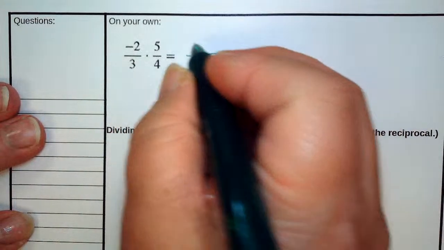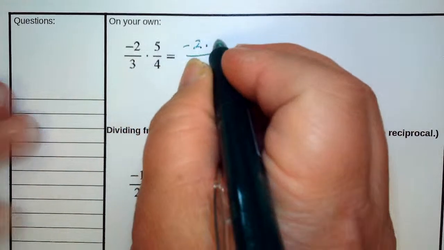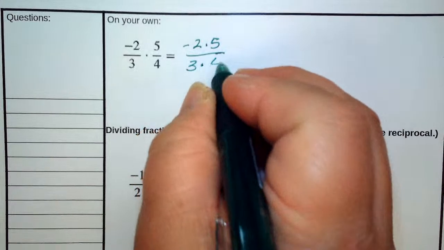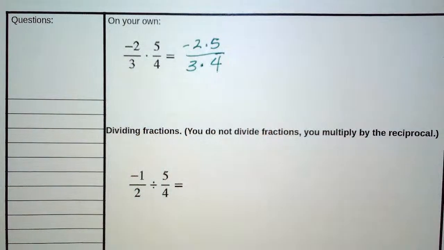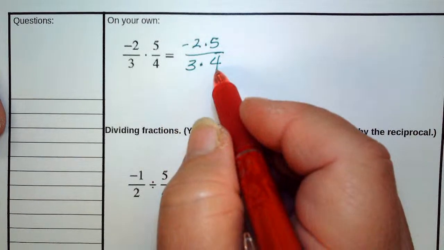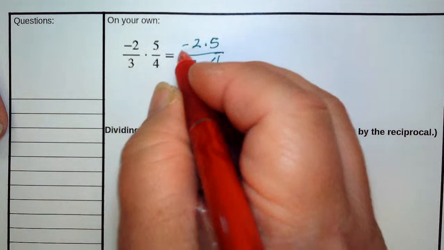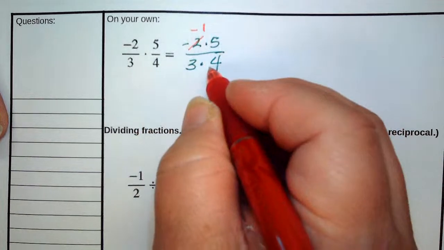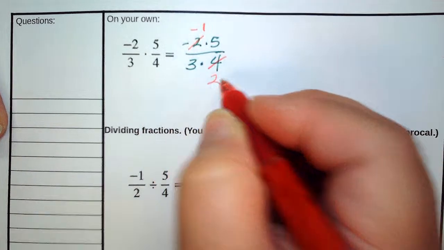So this is the same as negative 2 times 5 over 3 times 4. I know that 2 divides evenly into 4. Negative 2 divided by positive 2 is a negative 1. 4 divided by 2 is 2.